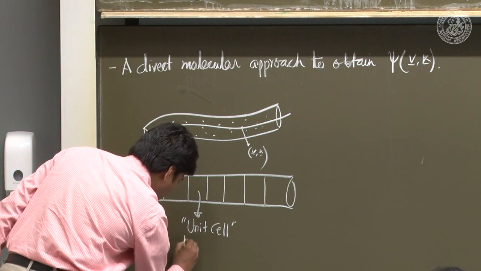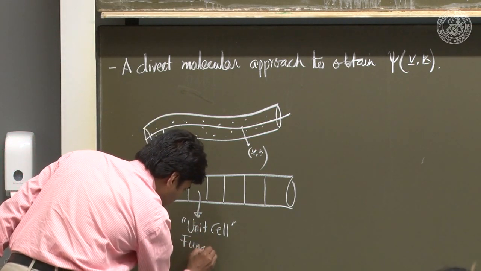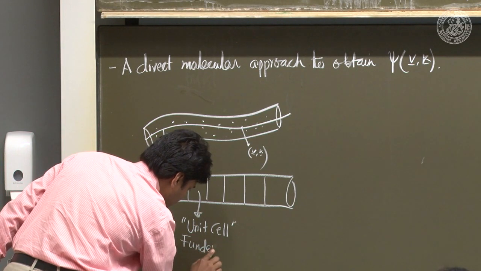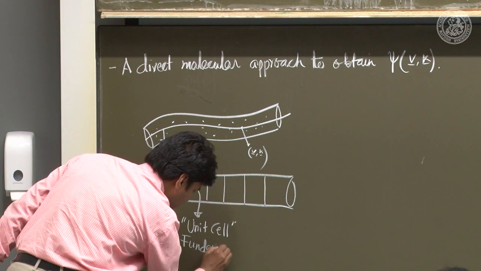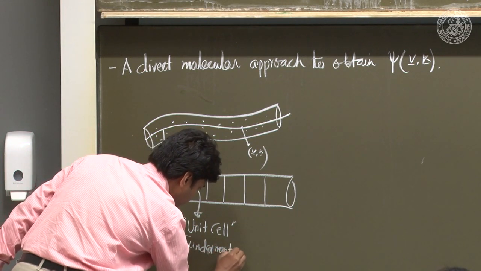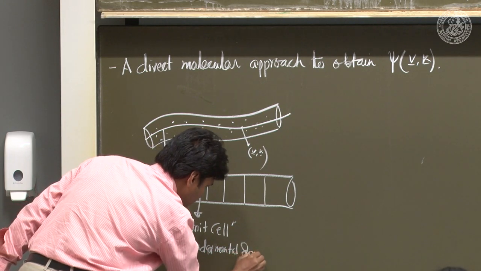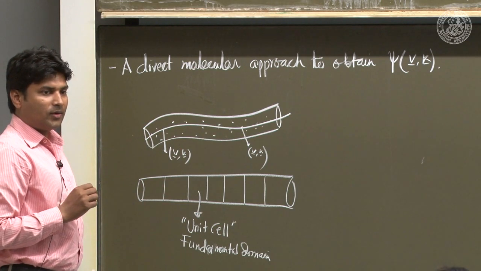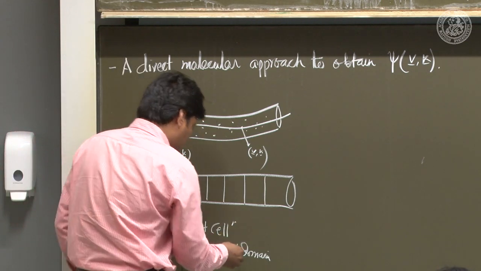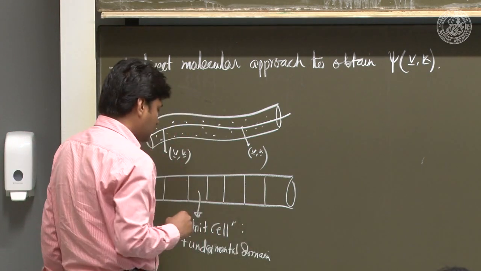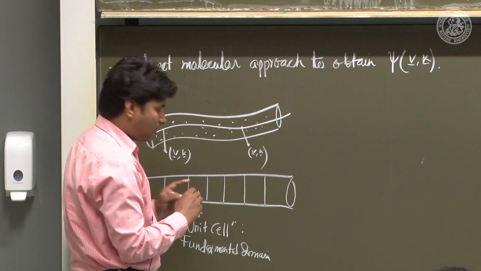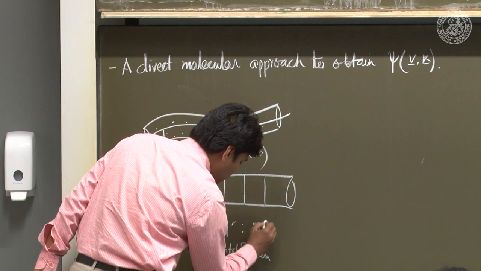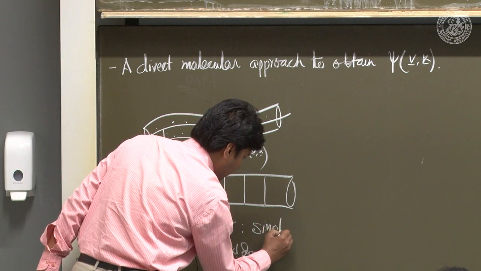And many people also call it the fundamental domain. But let us not introduce new terminology, we just call it unit cell. So, this is the simplest repeating unit cell for nanorods.